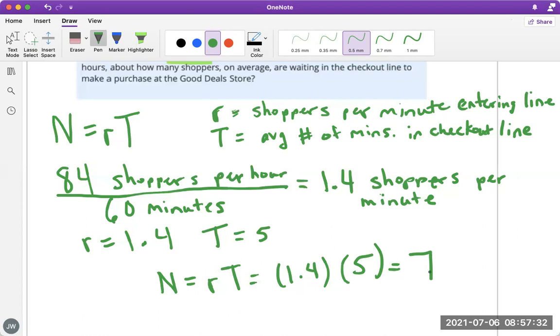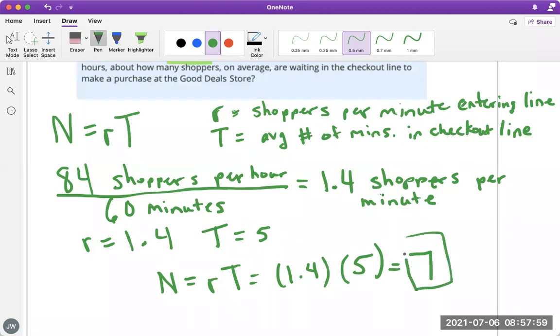But what does that mean? Can you interpret what that means? The average number of shoppers, which is represented by the variable N, in the checkout line at any time during business hours is 7. It's a pretty long checkout line, right? Hopefully the cashiers work fast. 7 was our final answer.